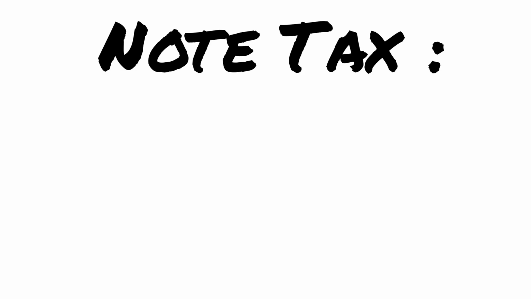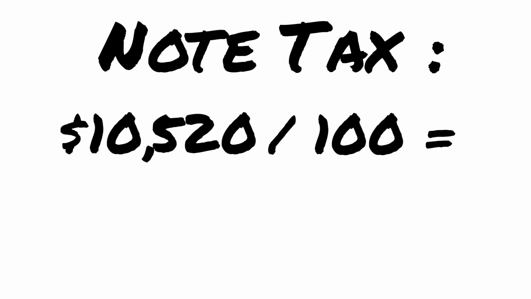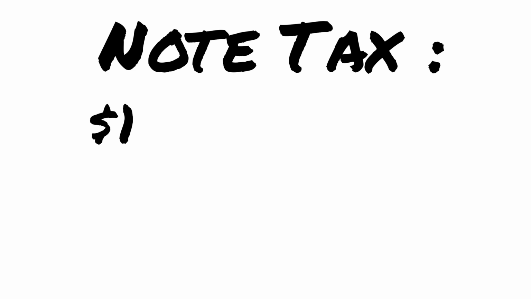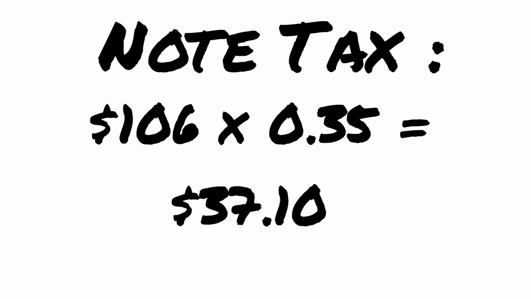Finally, the note tax on the new and assumed mortgages. We'll take the purchase money mortgage amount of $10,520 and divide that by 100 to give us $105.20, which we then round up to $106. For the tax amount, we will take the $106 times 35 cents, which will give us $37.10.